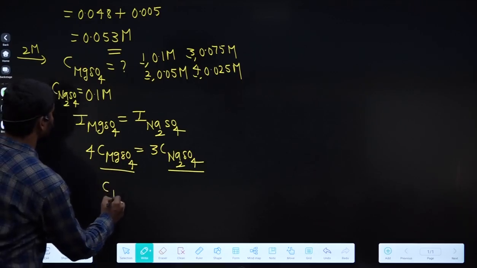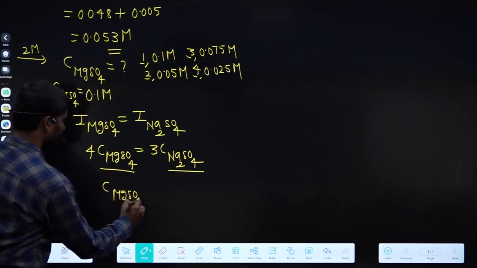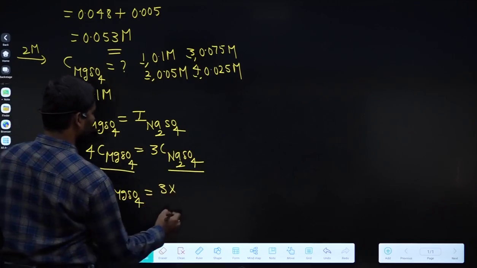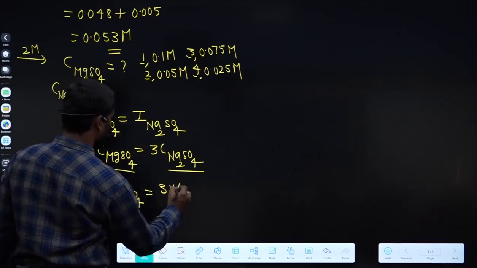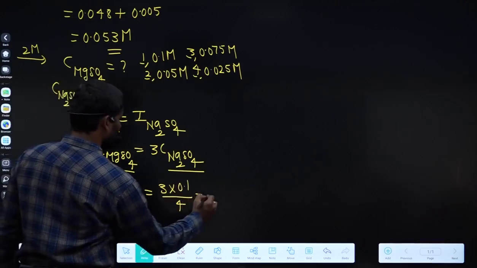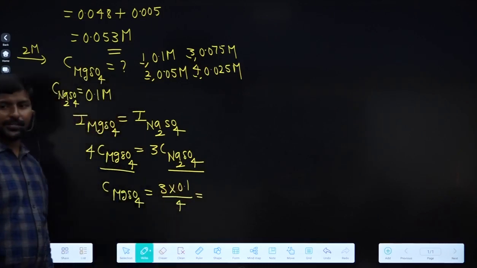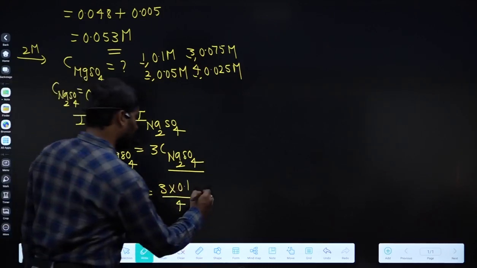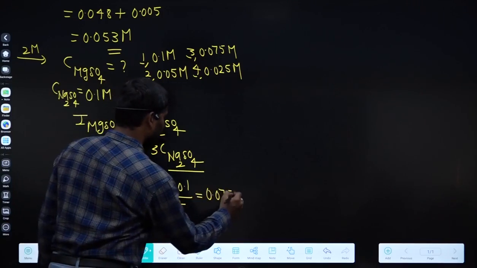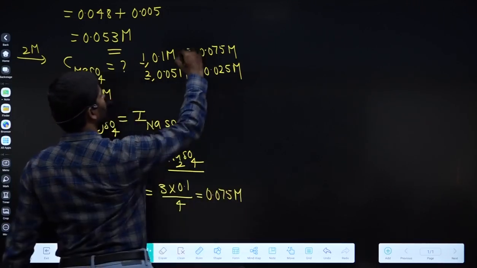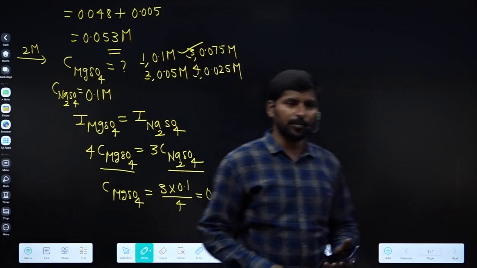So concentration of magnesium sulfate is 3 into 0.1 by 4, 3 by 4 is 0.75, 0.75 into 0.1 is 0.075. So option 3, 0.075 m.